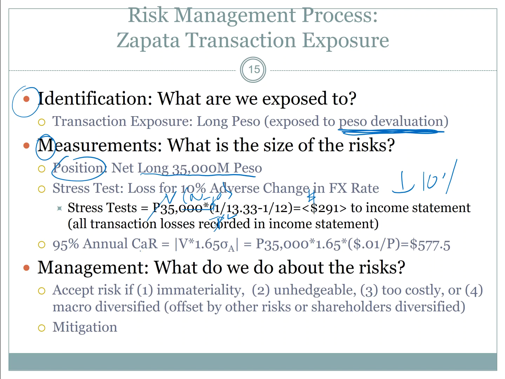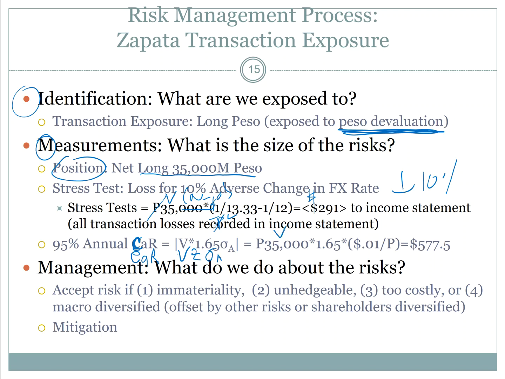Let's do our cash flow at risk. Now, when I talked about translation exposure, I said it's an EAR, earnings at risk. When we talk about transaction exposure, it's a CAR, cash flow at risk. Now, the good thing, it's the exact same formula. It's V times my Z, which is 1.65 for a 95% confidence interval CAR, and the sigma is still the annualized standard deviation.